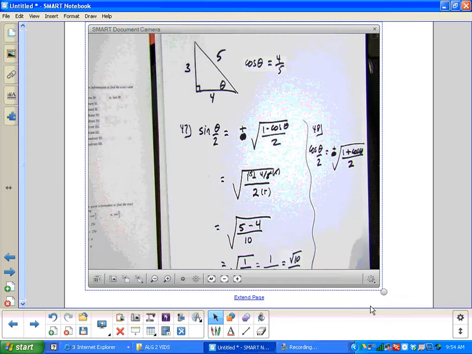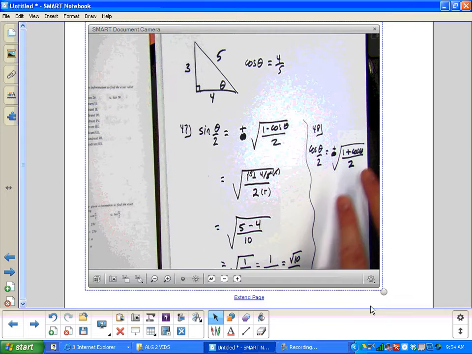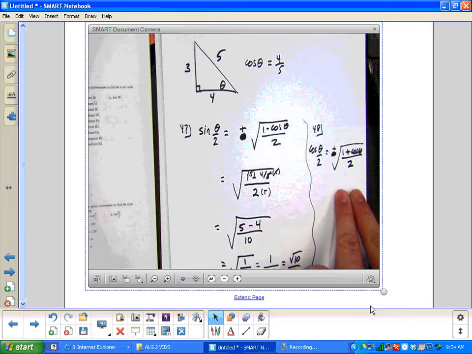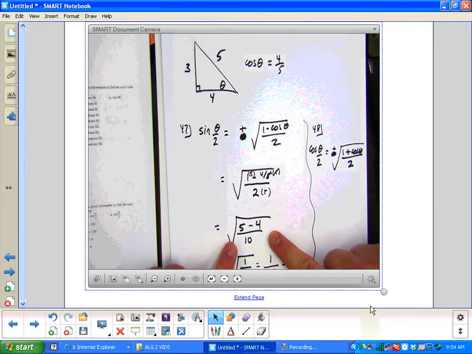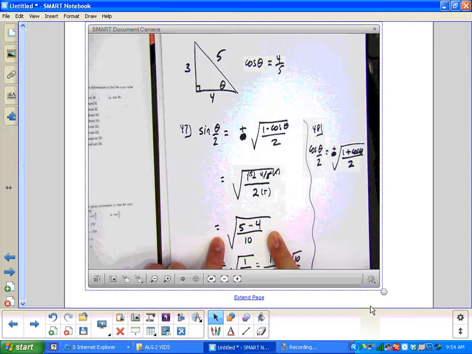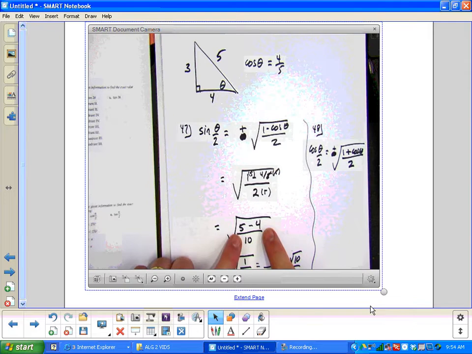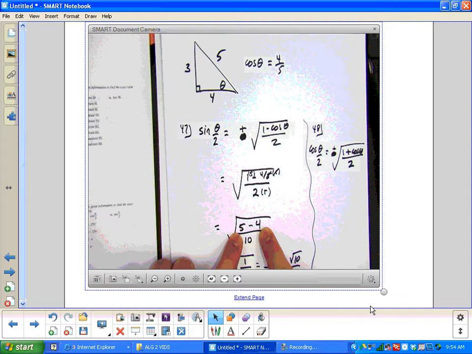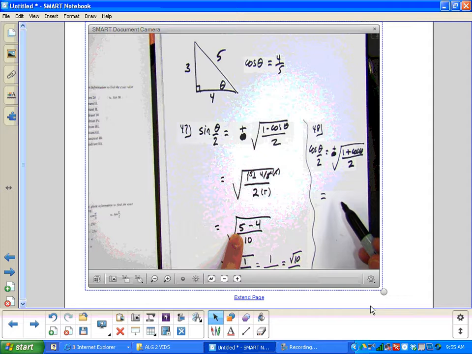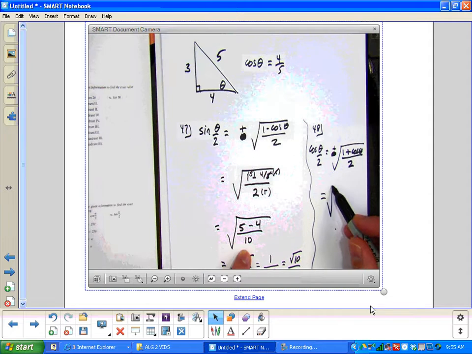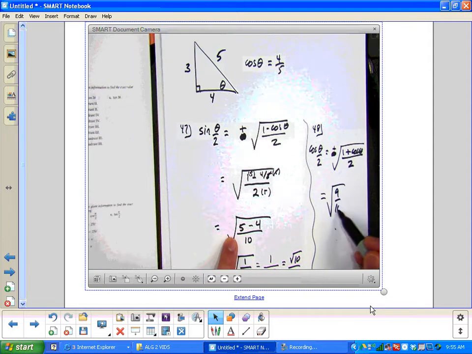So what I'm going to actually do is use this problem to help me out over here. So at this point, what would the only thing that would be different here? This would be plus. And so instead of giving me 1, it would give me 9. All right, you see how y'all can shortcut cosine if you have sine? All right, so this is going to give me square root of 9 over 10.